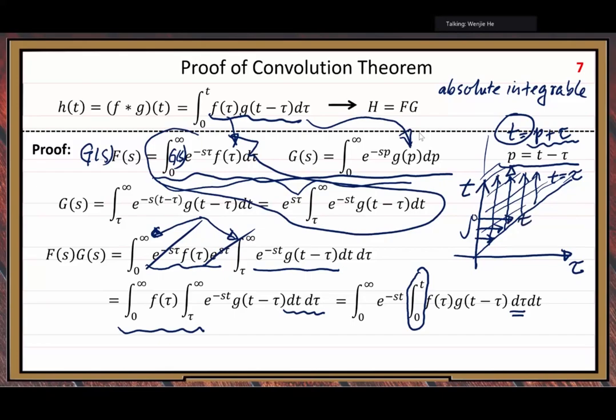This line is t. So for this inner integral, the d tau, the lower limit is 0, the upper limit is t. Same area, we cannot change the area. Then the outer part, t from 0 to infinity.